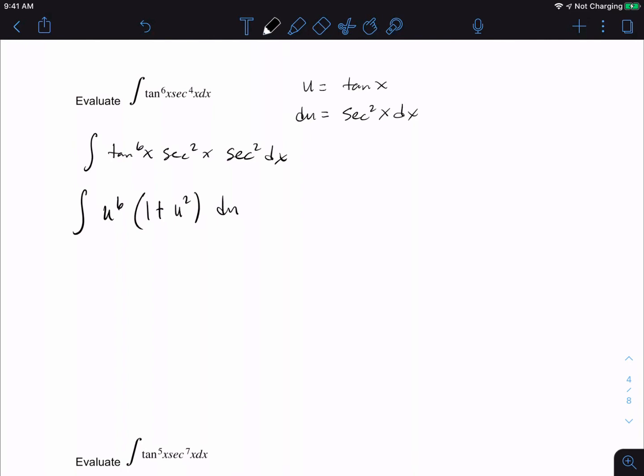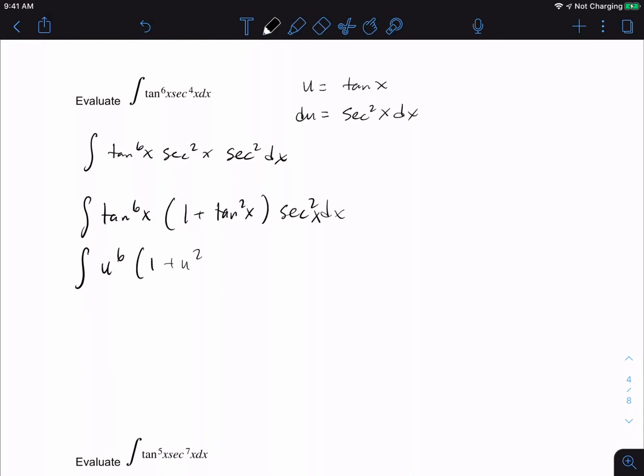And the reason I know that, and maybe I should write the step for you guys, I'll have tangent to the 6th times 1 plus tangent squared x secant squared x dx. So then when I do the u, I'm going to get u to the 6th times 1 plus u squared du.